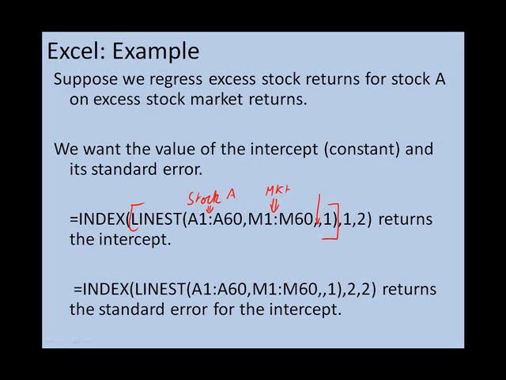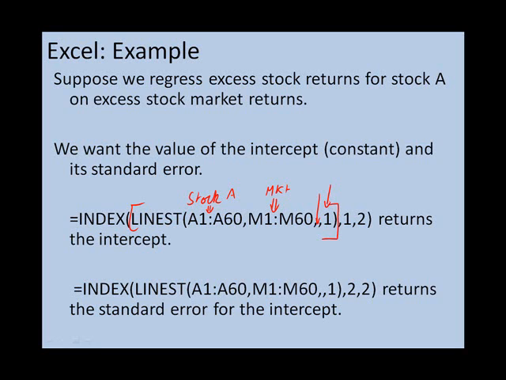We've left it blank, which means we do want a constant in the regression. That's the intercept. And then finally, we're telling Excel that we do want to see the statistics associated with this estimate. So we type 1. That's the linest function. And that automatically creates a matrix that's got 2 columns.